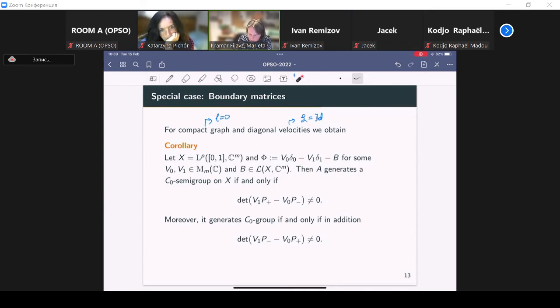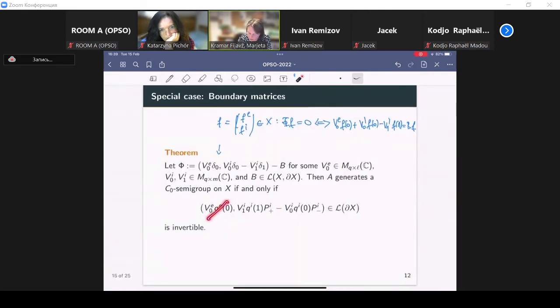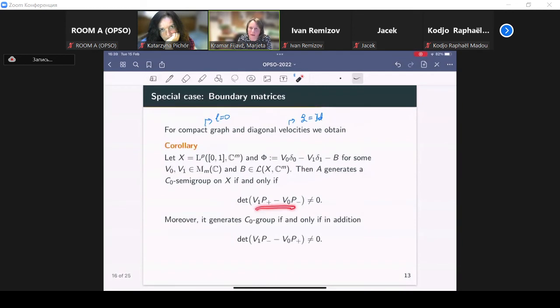So the same condition as before, this operator that should be invertible is this one now, because we don't have this part and these Qs are gone. So only these V's and projections remain. And so given the boundary matrices, we just compute this determinant and we know whether A is a generator or not.